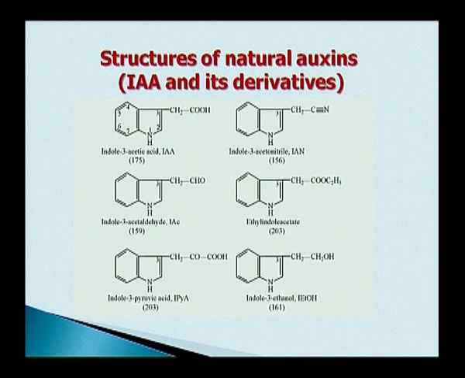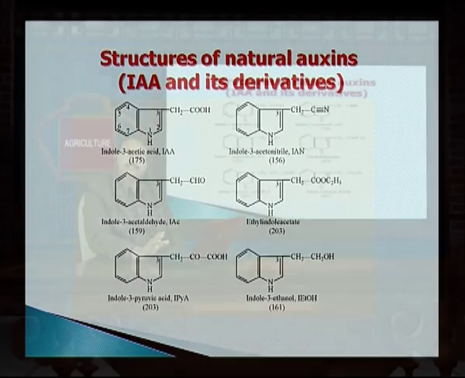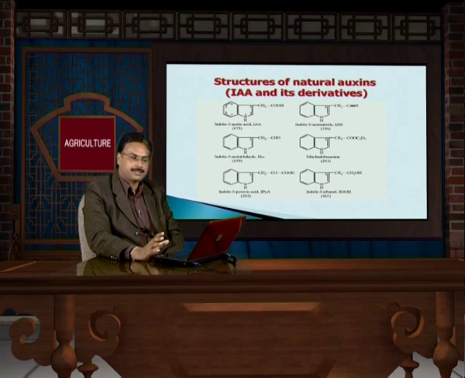These are the structures of some natural auxins: IAA, indole acetic acid; IAN, indole 3 acetonitrile; IAC, indole 3 acetaldehyde; ethyl indole acetate; indole 3 pyruvic acid and indole 3 ethanol. These are some of the auxins which are naturally present in the plants.